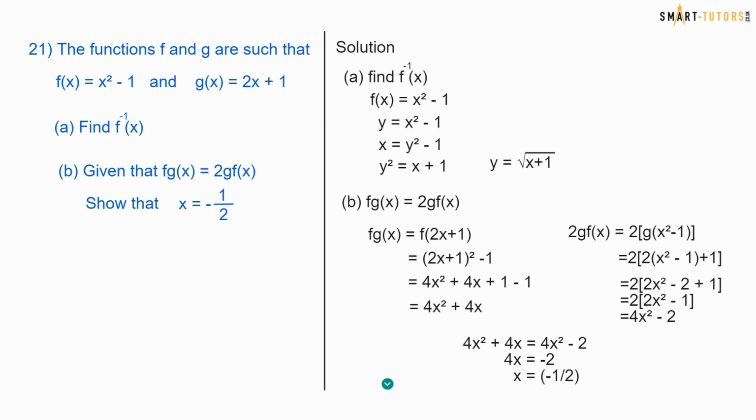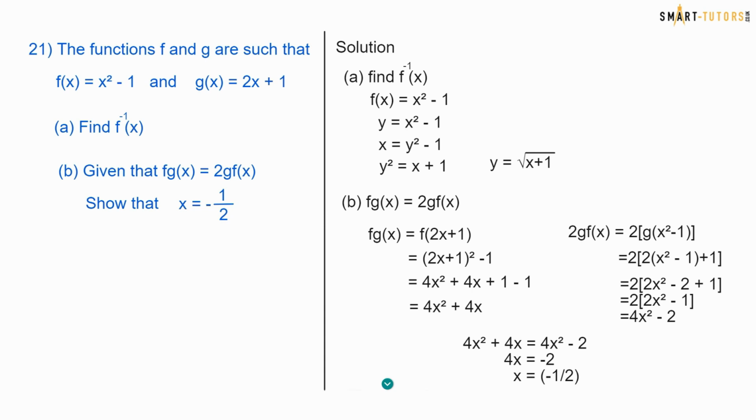How to do the inverse function is, you need to define f(x) as y. So the f(x) function is y equals x squared minus 1. Then swap the letters, y to x, x to y. So x equals y squared minus 1. Make y the subject.